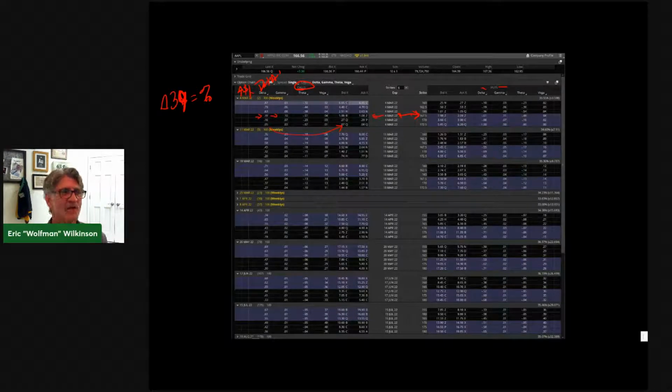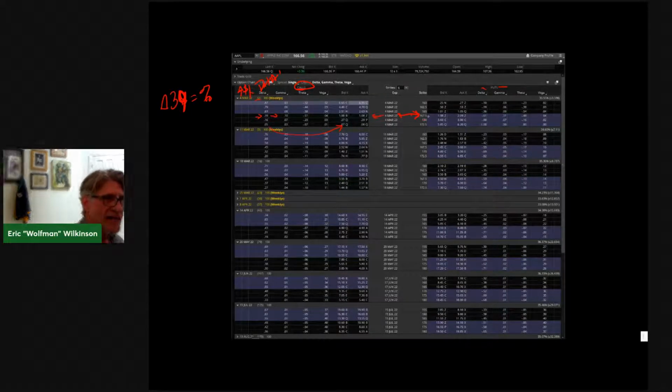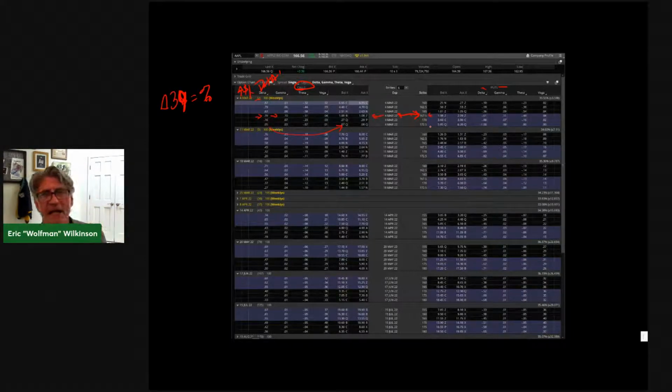All right. So it's telling me that in 2 days, I have a 39% chance of this underlying ending the day at 167.51. That's 1 penny in the money. It's got to be 1 penny in the money. It can't be just at the money.